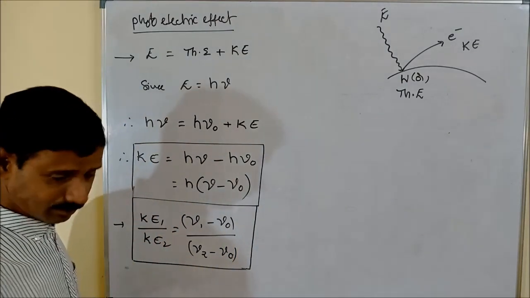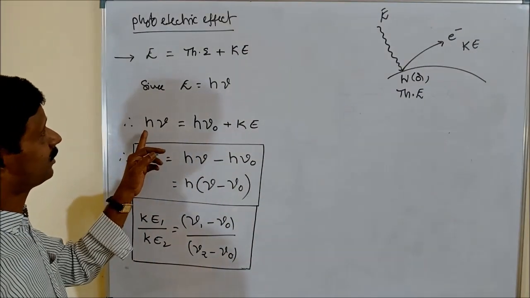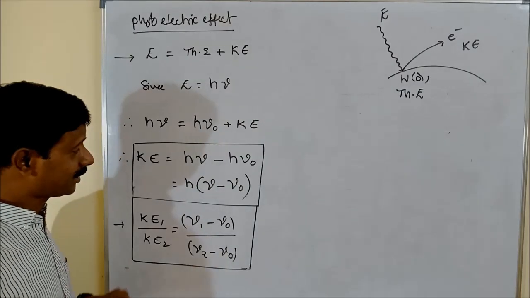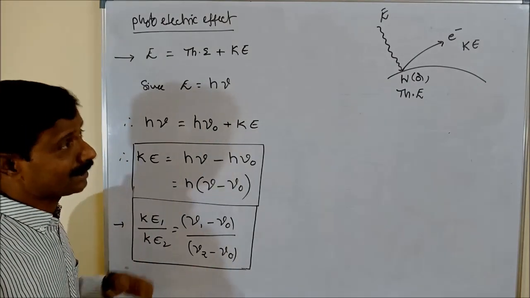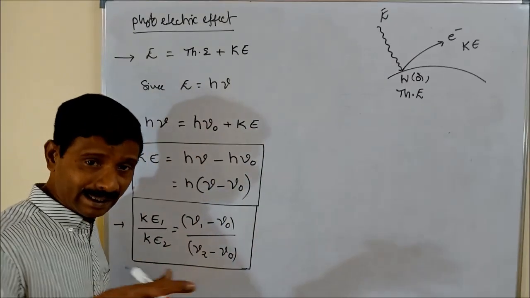And now, since the expression is energy equal to threshold energy plus kinetic energy, sometimes they are not giving frequencies. They give the wavelengths of the incident light.